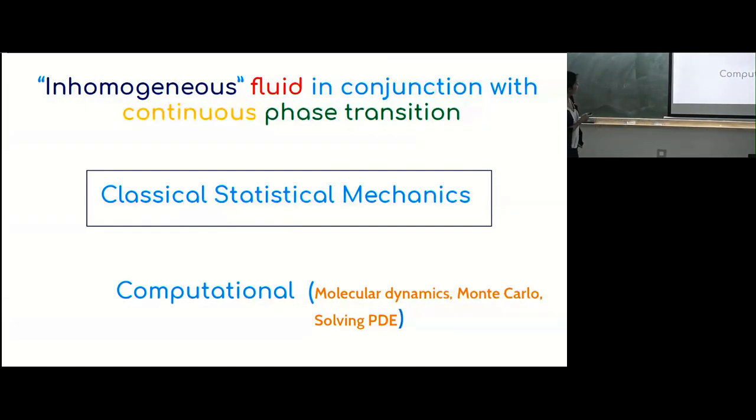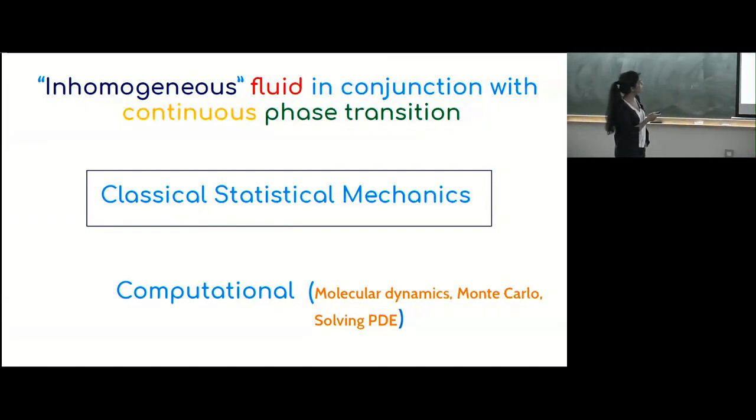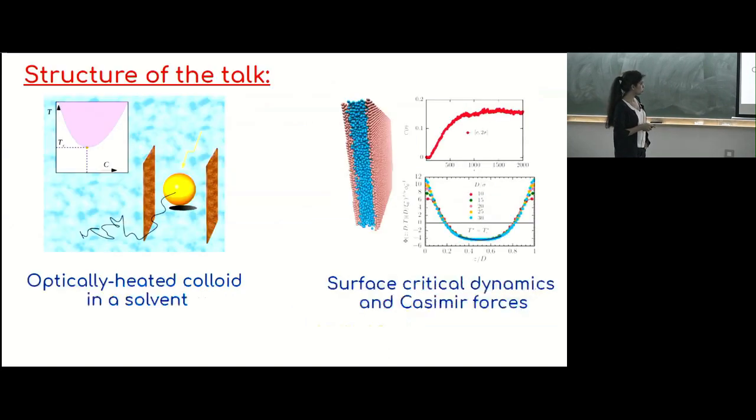Under this broader umbrella of inhomogeneous fluids, there are two particular systems that I have been looking at recently. In one case, you have a Janus colloidal particle suspended in a binary solvent, and when you shine laser illumination on this particle, it undergoes active motion. I'm going to talk about this work in detail today.